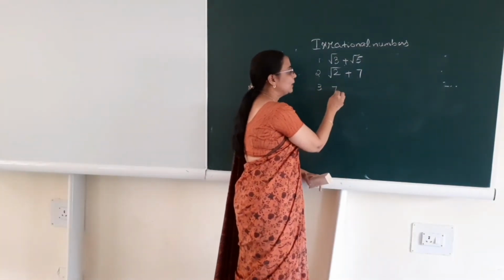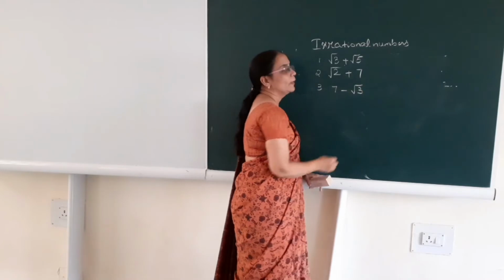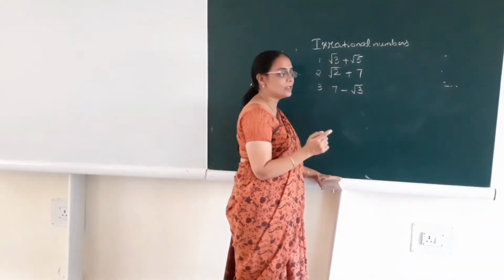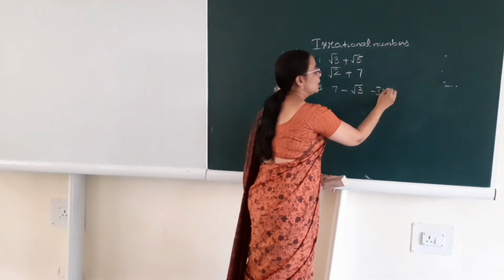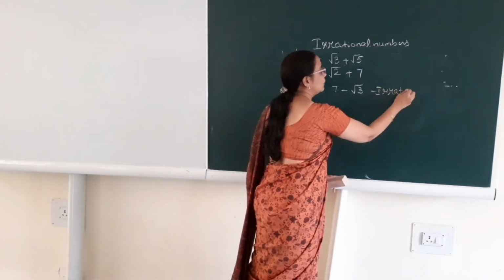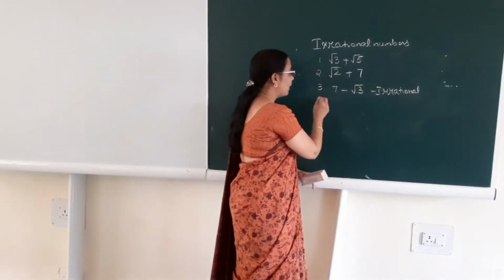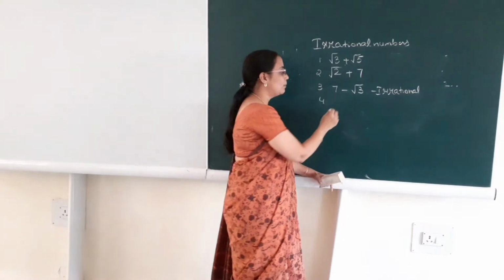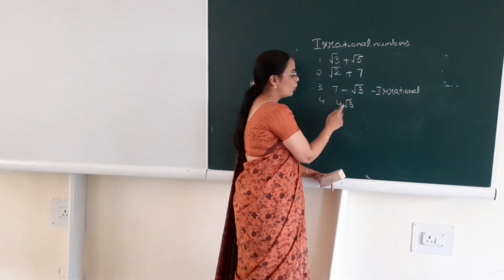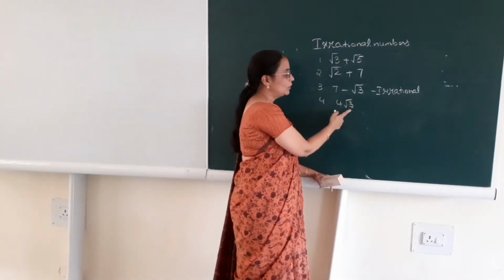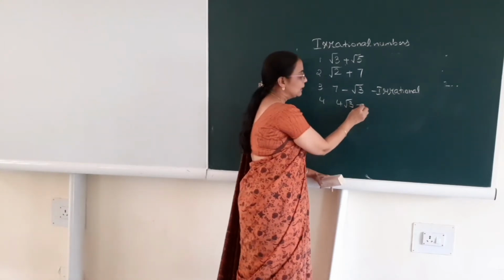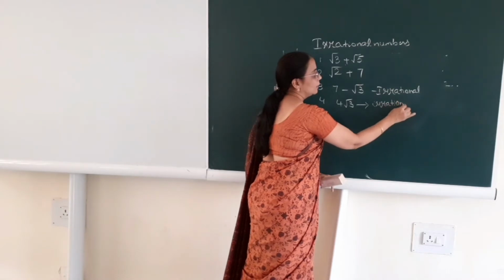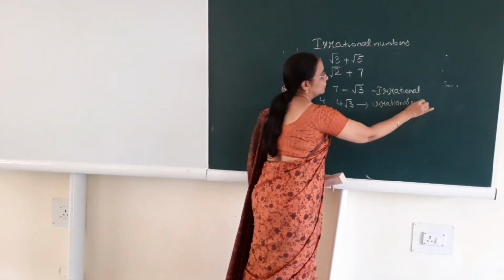If you are subtracting one irrational number minus an irrational number, the result will be an irrational number. If you are multiplying one rational number by an irrational number, 4 is a rational number here, root 3 is an irrational number, this 4 root 3 is again an irrational number.